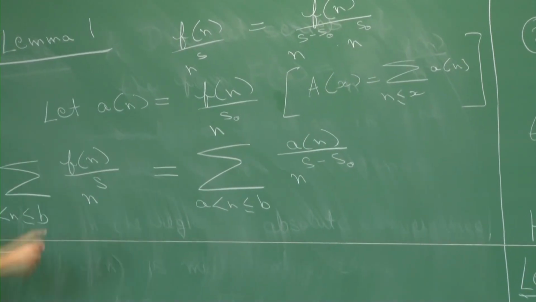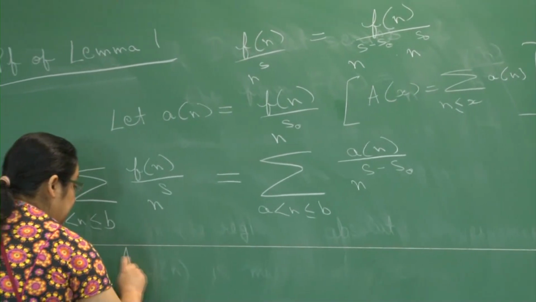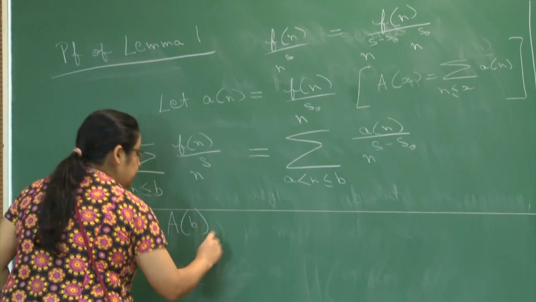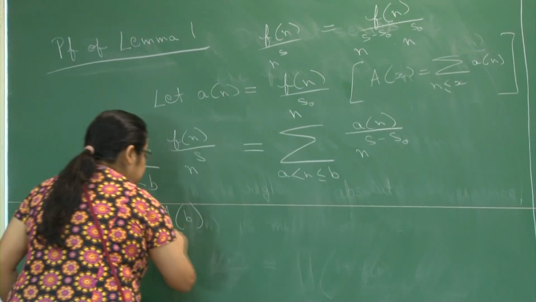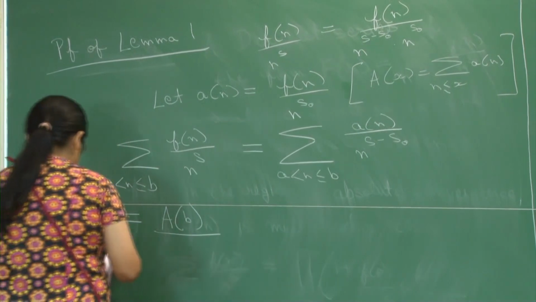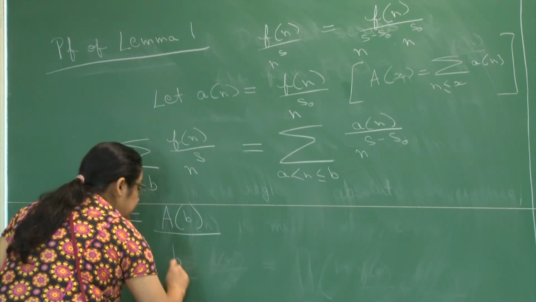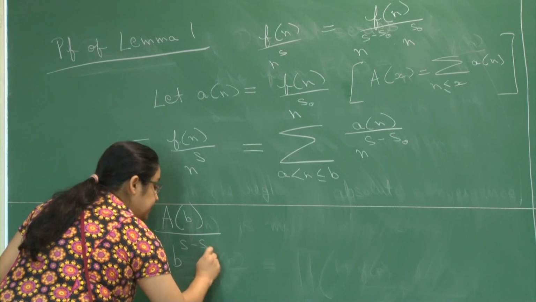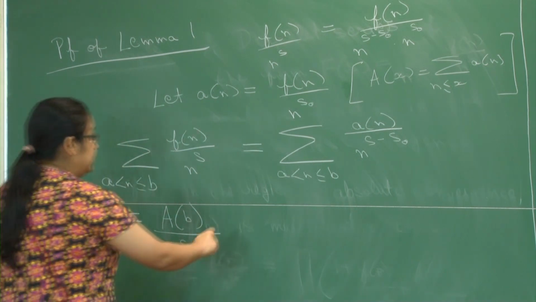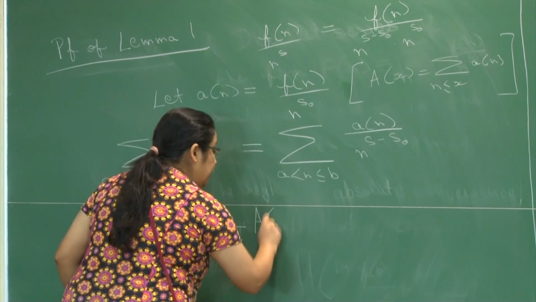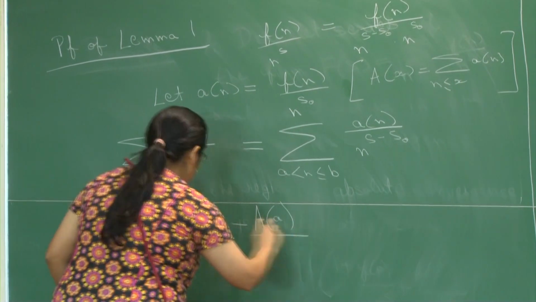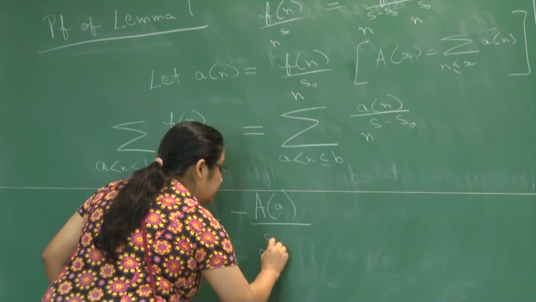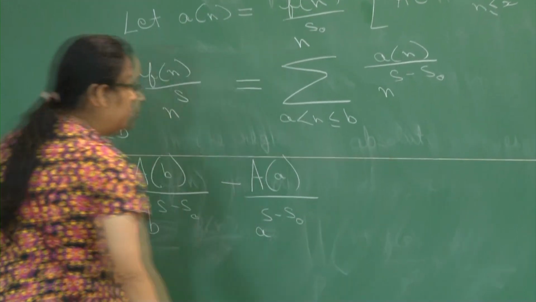So what you have is, this is equal to capital A of b over b raised to the s minus s0 minus capital A of a over a raised to the s minus s0.